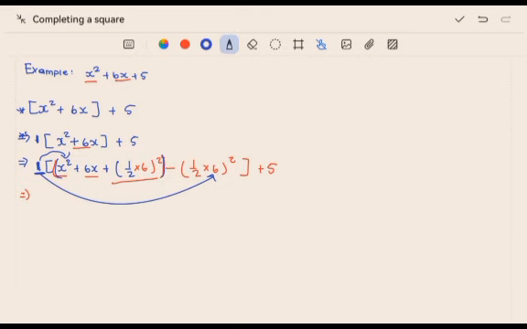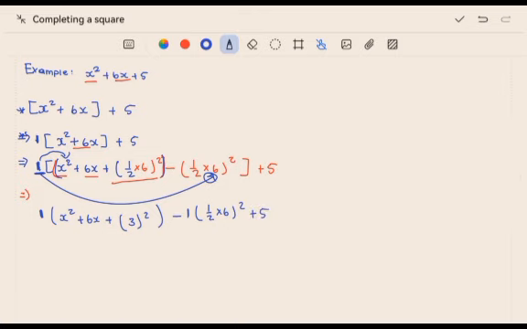So by doing that, it will be 1, and then you multiply it by x squared plus 6x, and then plus, inside your square bracket, you have half of 6, which is just positive 3 squared, and then you close your bracket, and then you subtract, and then you multiply this 1 again into this term over here, and then you have minus 1 multiplied by half multiplied by 6 squared, and then you add 5.